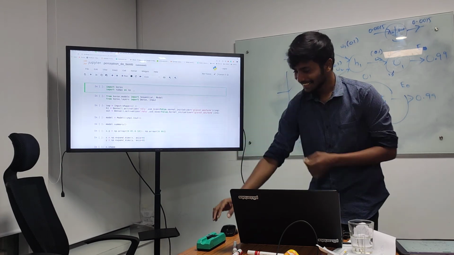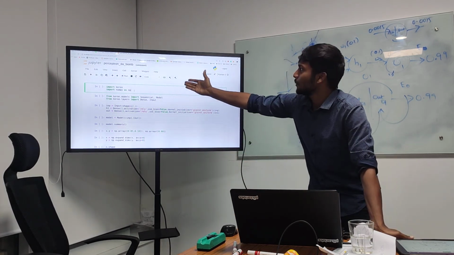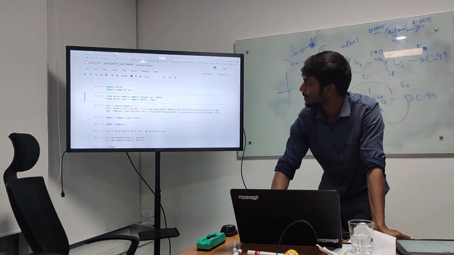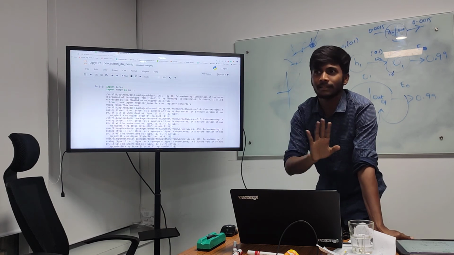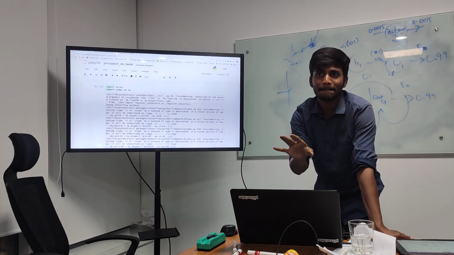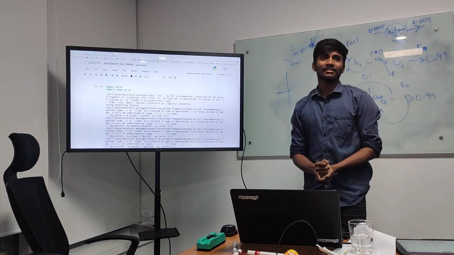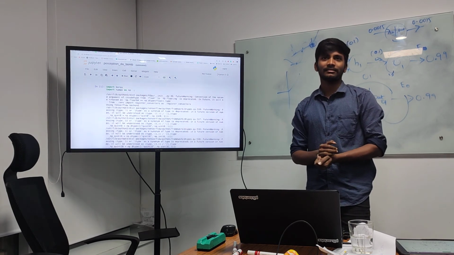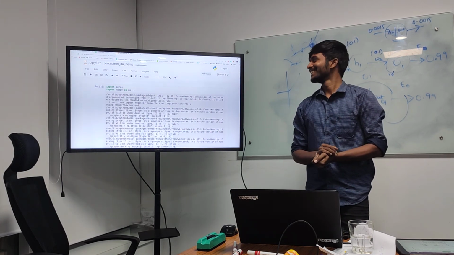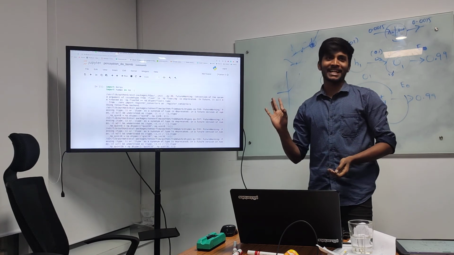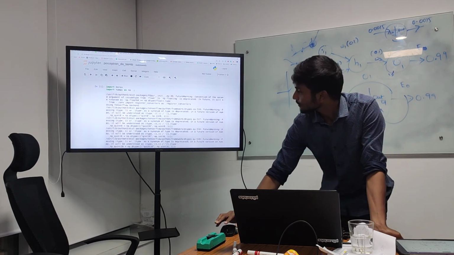That's nice. Okay, so import Keras, import NumPy, these are two libraries that we are importing. You guys have at least heard of Keras, right? So you guys have to actually do those assignments, right? Good.